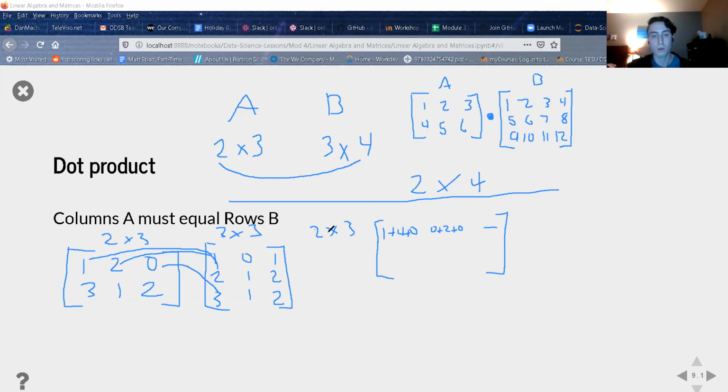And at the end, I will have a 2 by 3 matrix. The thing to keep in mind is this rule: if you can figure out what the final shape of the matrix is going to be, you can figure out how the multiplying is going to go. Basically for matrix A, you go across the rows first, and for matrix B, you go across the columns.